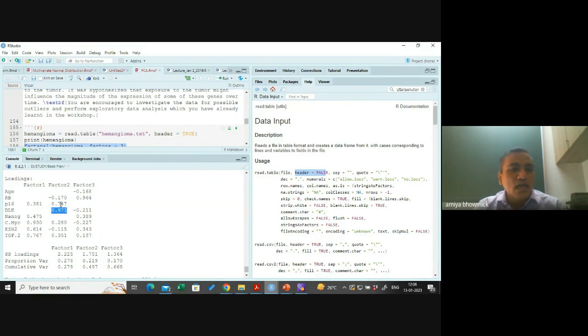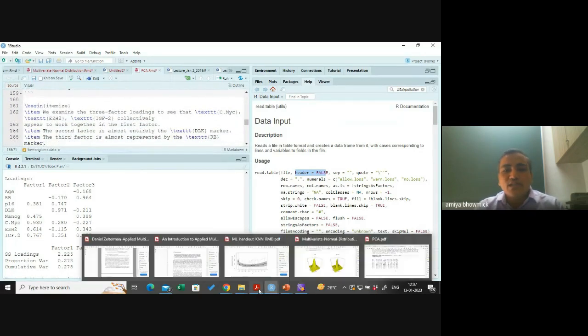For factor 3, only this RB seems to have a very high contribution. The rest of the predictors, like age and, for example, NANOG, which is comparatively small, do not seem to have any significant contribution in building these factors, right?